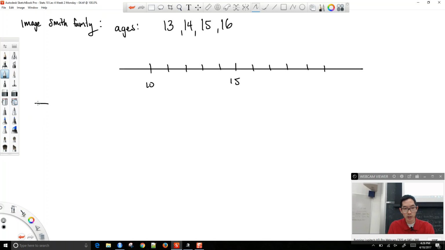The mean here is 13 plus 14 plus 15 plus 16, and I divide this by 4. The mean here is going to be 14.5. I forgot the symbol for the mean.